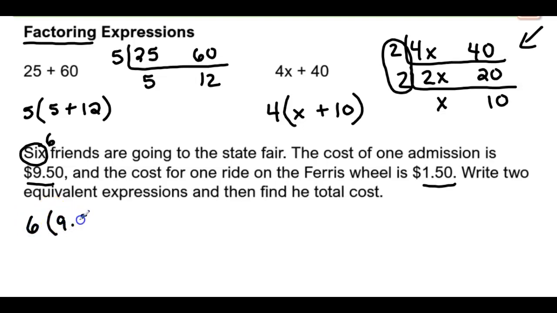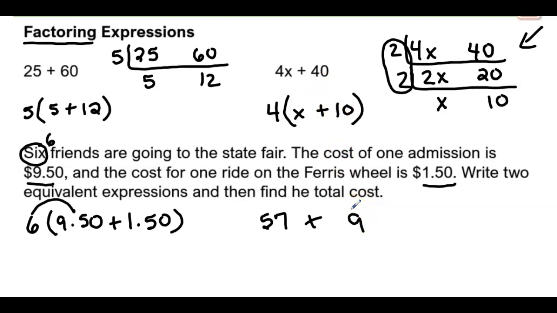It will cost $9.50 plus $1.50 for each person. And I would distribute that. The distributive property would have me multiply 6 times $9.50, which gives me 57, and 6 times $1.50, which gives me 9.